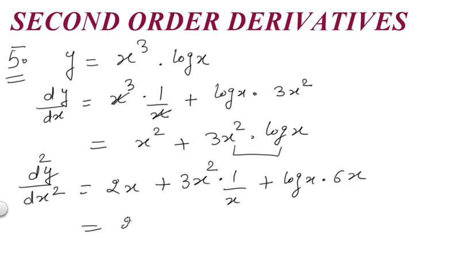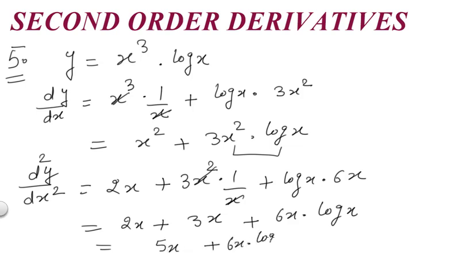Solving it, we get 2x plus 3x, x and x getting cancelled, plus 6x into log of x. 2x and 3x is 5x plus 6x into log x. So this will be the answer for question number 5, the second order derivative of the function x cube into log of x.